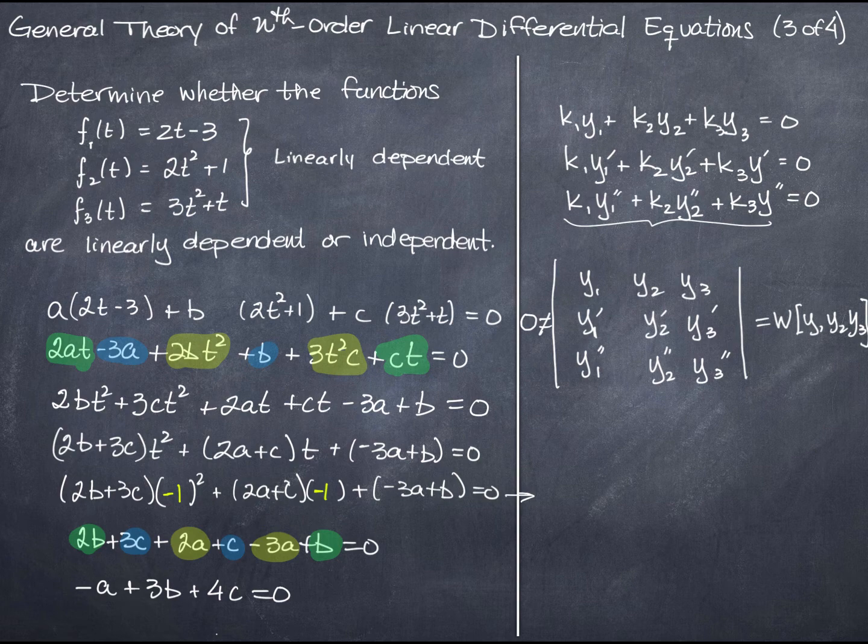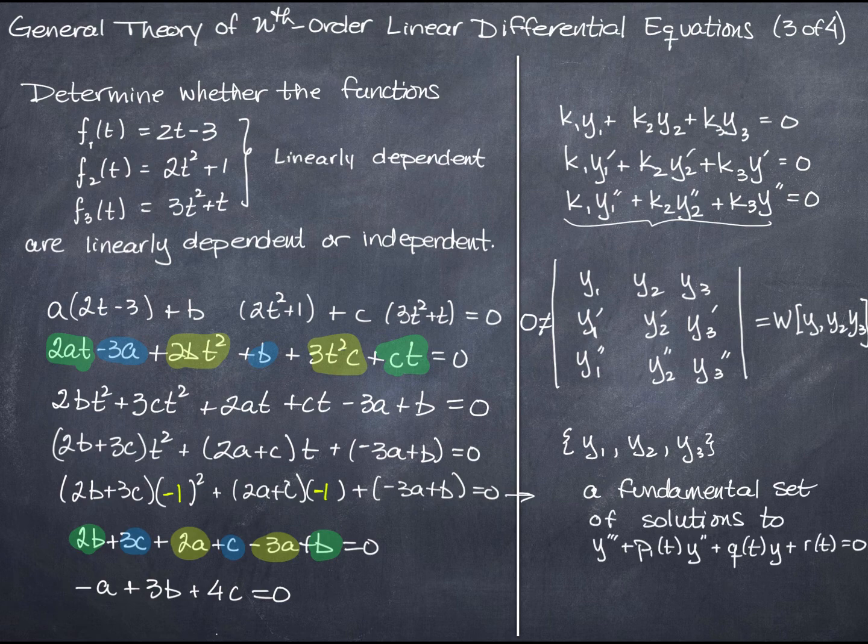But if it's not equal to 0, then y1, y2, and y3, those solutions that I originally claim are individual solutions to the differential equation, are linearly independent. And when that's true, we say that the set containing the solutions y1, y2, and y3 form a fundamental set of solutions to an equation such as this one here.